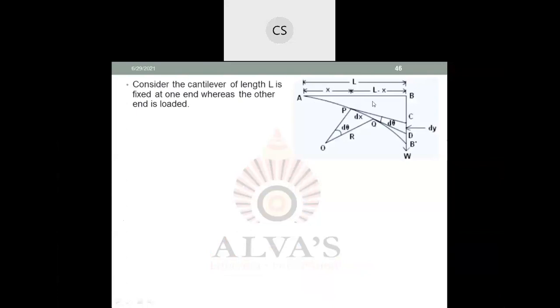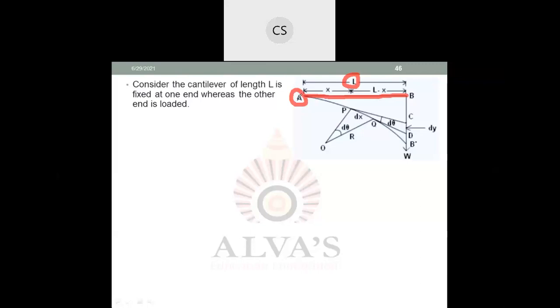So here, this line AB is a cantilever, which is having a length L.